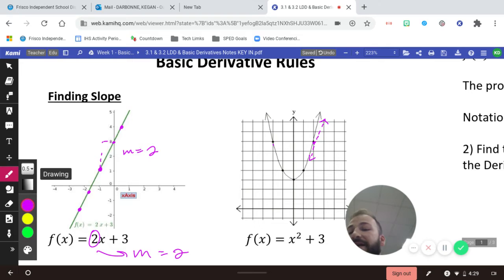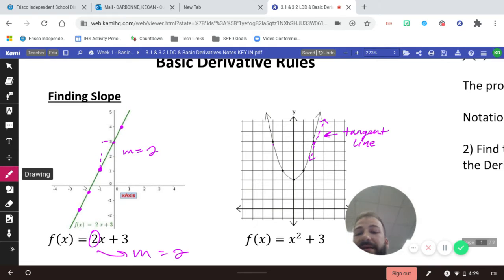So we call this line that I drew right here, this slope at a specific point, our tangent line. And we call this rise over run, this slope over 2 points, a secant line.